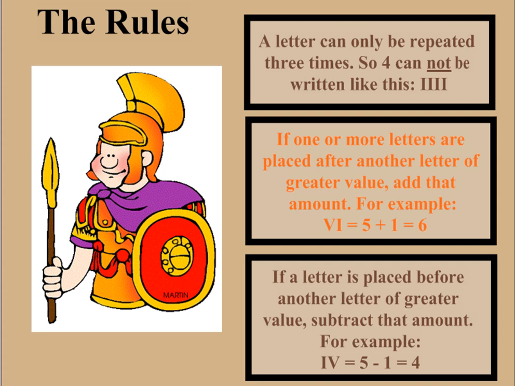For example, VI is equal to 5 plus 1 is 6. Rule number 3. If a letter is placed before another letter of greater value, subtract that amount. For example, IV, which is equal to 5 minus 1 is equal to 4. We will learn more about these rules very clearly in the below slides.